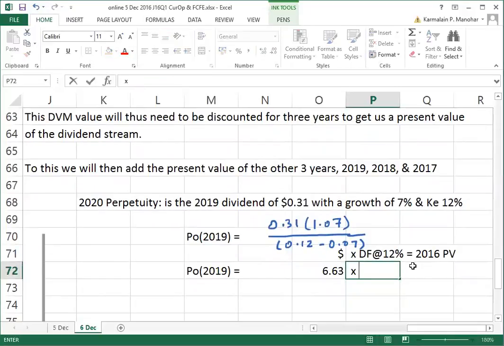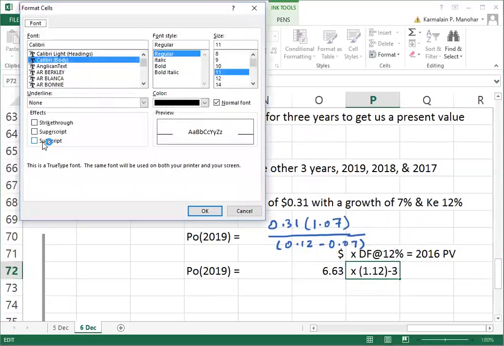For 3 years at 12%, we multiply by 1.12 to the power of minus n. Or you could just say divide by 1.12 cubed, so to the power of minus 3. Everybody okay with basic discounting using 1 plus r to the n? So you either multiply with the powers being negative, or you simply divide by 1.12 to the power 3.